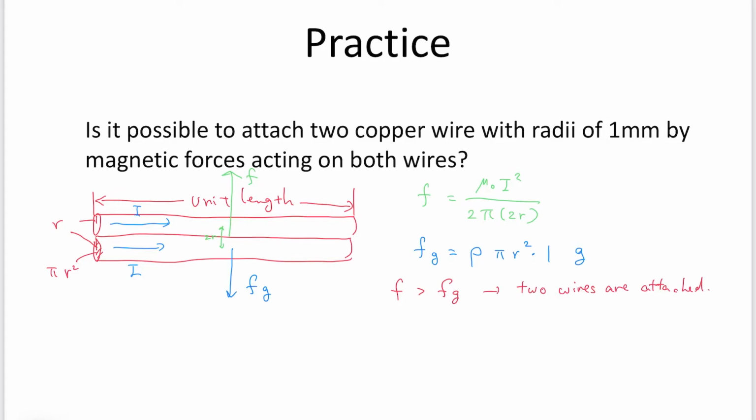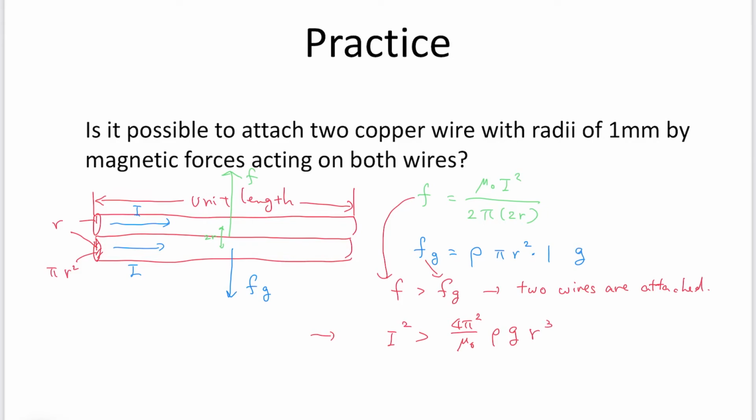So you can substitute this F and F sub g here. Then you can find the condition that I squared has to be larger than 4 pi squared over mu sub 0 rho g r cubed.